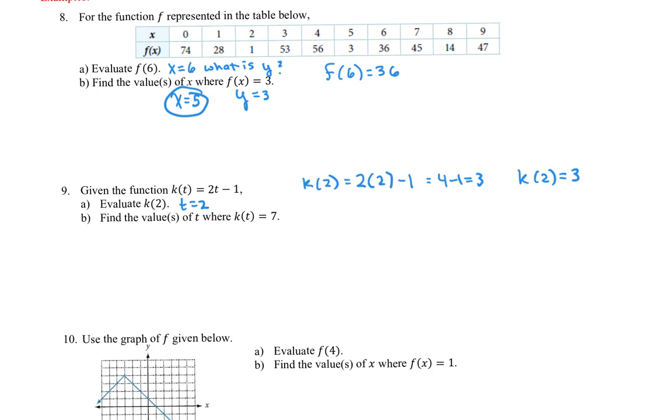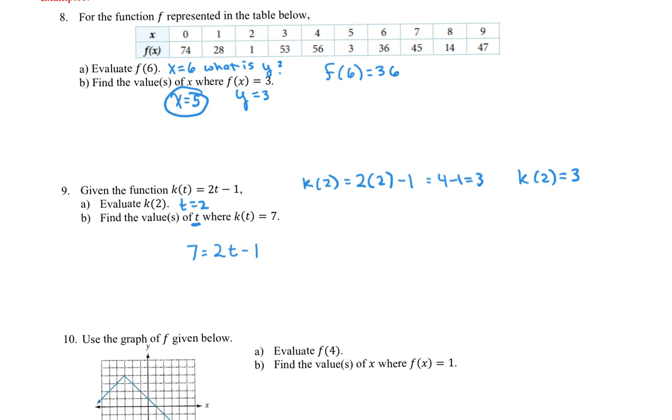For letter B, they want us to find the values of t. This is our independent variable. When k of t equals 7. So what this means is we're going to plug in 7 to our function, and we're going to set it equal to 2t minus 1, because we have to find t here.